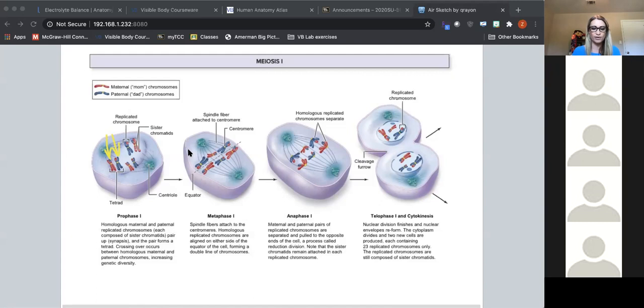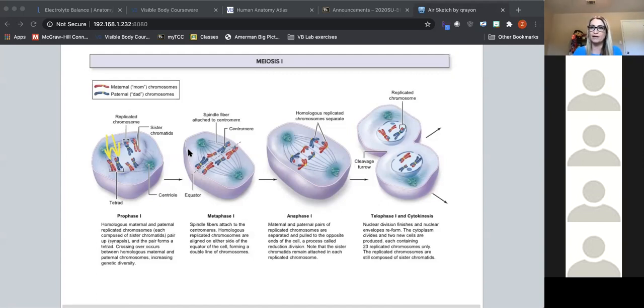So that's prophase 1. Prophase 1 is then followed by metaphase 1. Meta means middle, and so we see these chromosomes, these pairs, line up along the middle of the cell. Now, in mitosis, you don't see pairs line up. You see just a single plane of chromosomes. But in metaphase 1, you see 2 rows of chromosomes, so it's 2 layers in there.